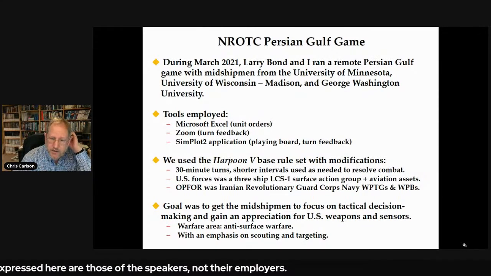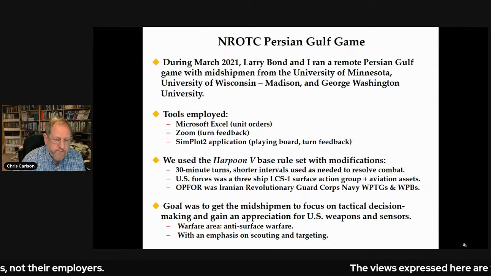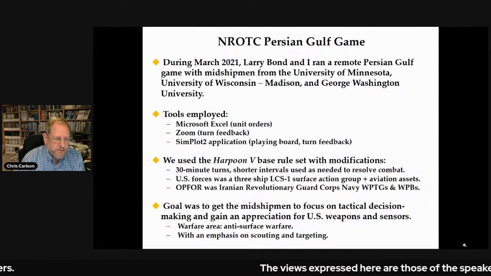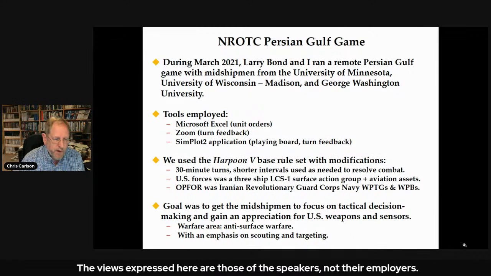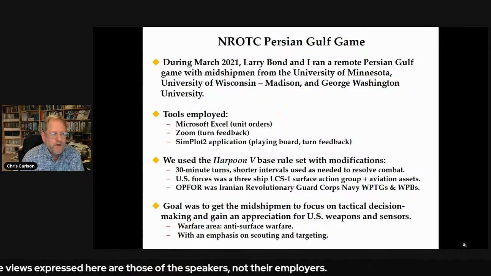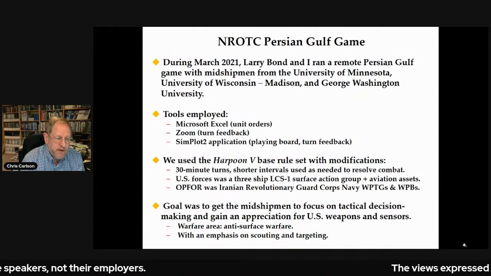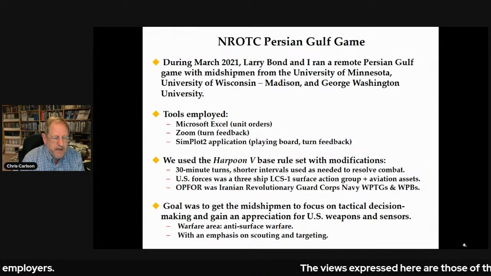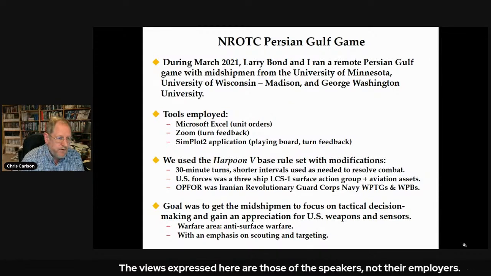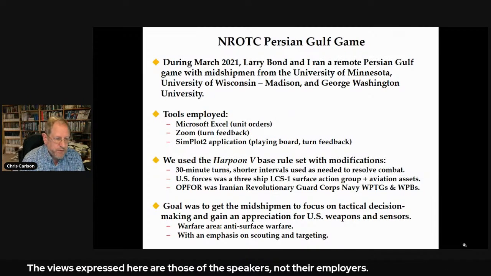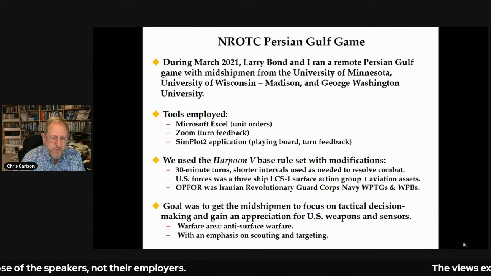This gave us two routes to be able to talk. And the other feedback was done through an application that one of our game designers, Kevin Martell, has come up with, Simplot 2. What this allowed us to do was to keep track of where everything was and also provide the feedback in display forms that they would recognize from a U.S. Navy CIC display.